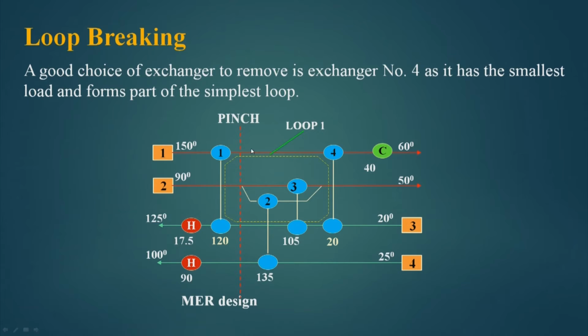If you see this, heat exchanger number 4 has the smallest capacity, 20, and hence this is the ideal heat exchanger to be removed.